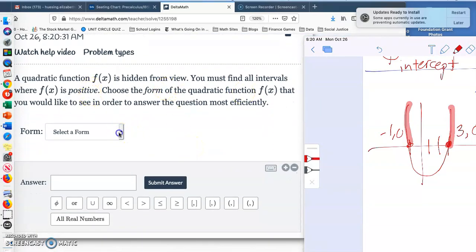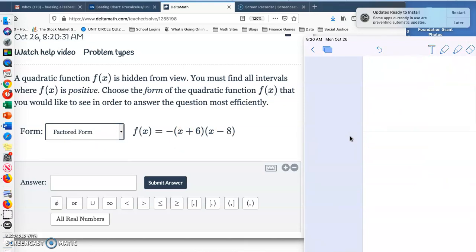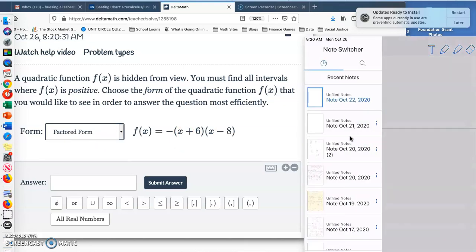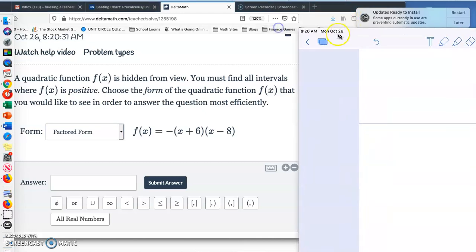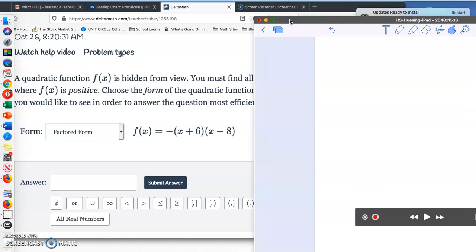Find all intervals where it's positive. So we'll do that factored form again. And let's see if we can get this drawn correctly here. So where is this one crossing? So it's crossing at negative 6, 1, 2, 3, 4, 5, 6. Positive 8, 1, 2, 3, 4, 5, 6, 7, 8.